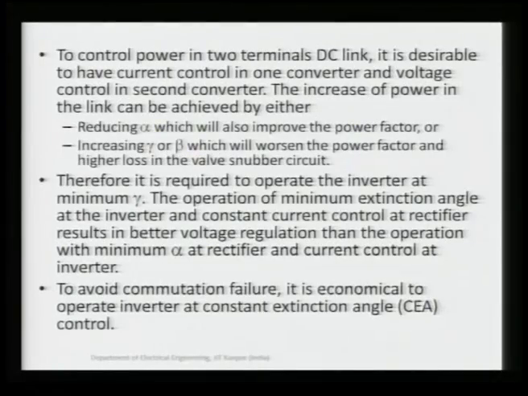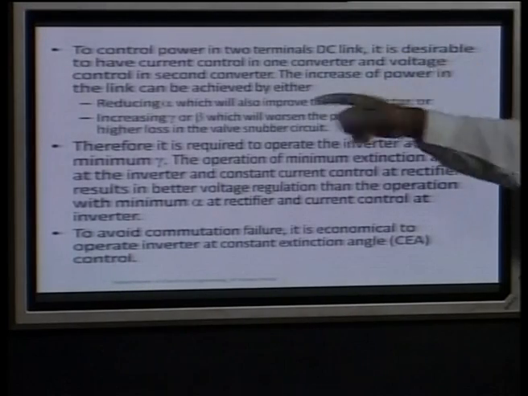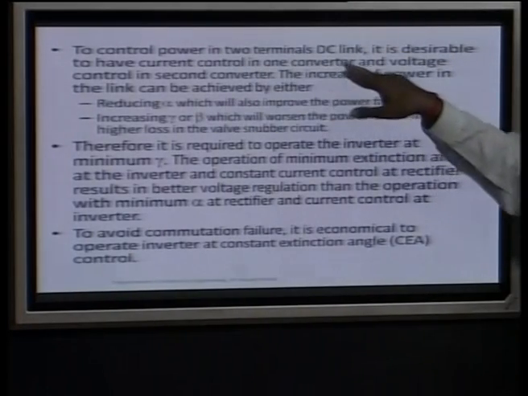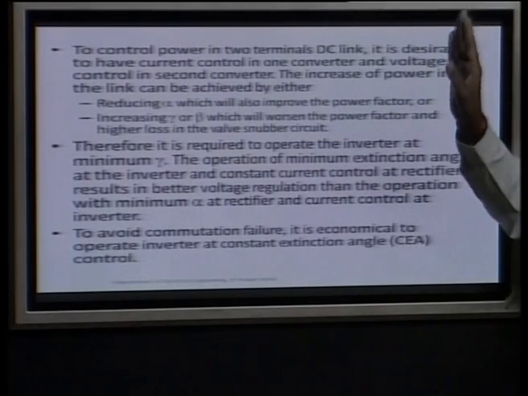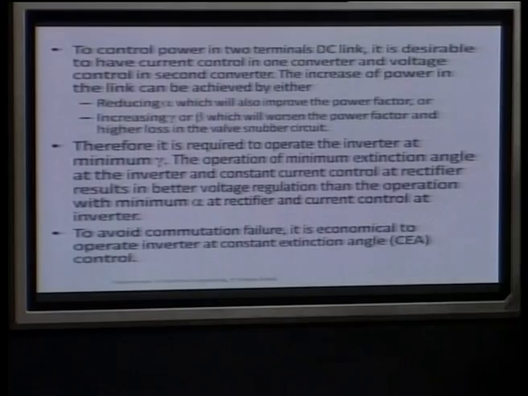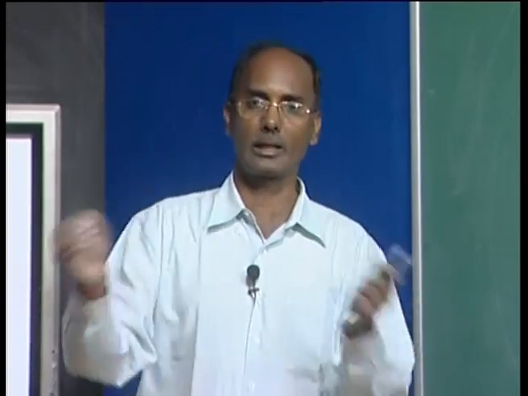As I have already written here, which I discussed with you, to control the power in the two terminal DC link, it is desirable to have a current controller in one converter and a voltage controller in the second. Why do we want the control to be different? Because it is not that every time it is switching here and there.